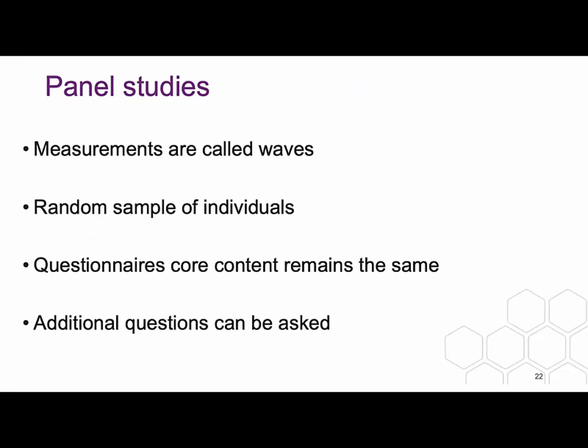So panel studies tend to include measurement points called waves, and these waves contain a random sample of individuals across the population. So for example, some household panels run in many countries and include interviews with household members. But as we said, the core content of the questionnaire remains the same. So that allows changes in key measures to be studied.